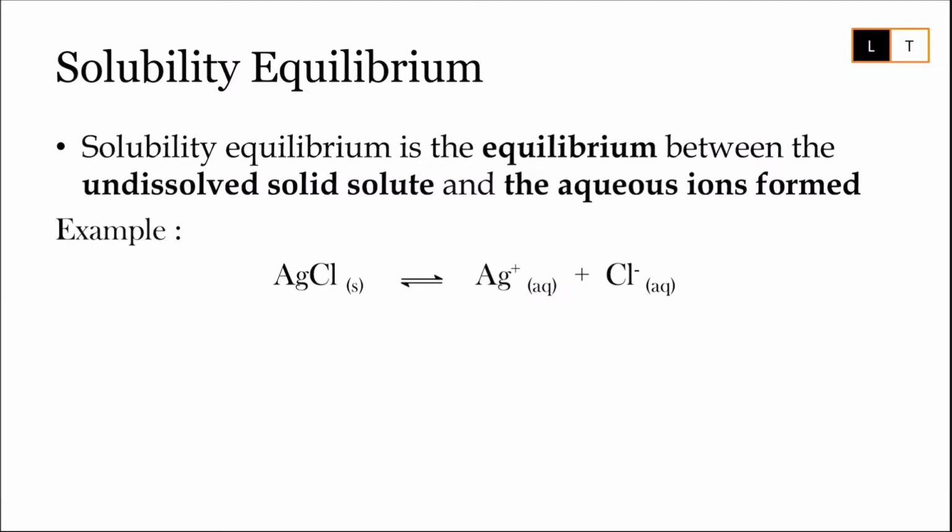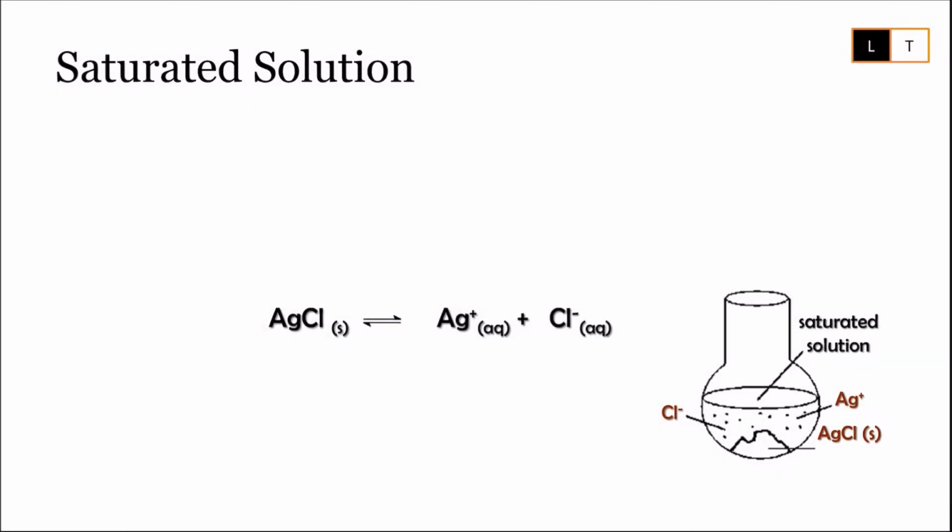So ini adalah cara macam mana reaction ini berlaku dalam equilibrium system between AgCl in solid phase with two ions here. Untuk saturated solution, contohnya kalau kita nampak kita ada AgCl reversible with Ag+ and Cl-.